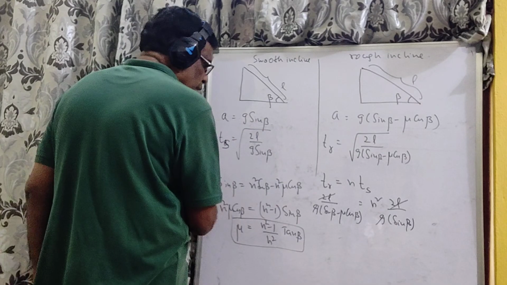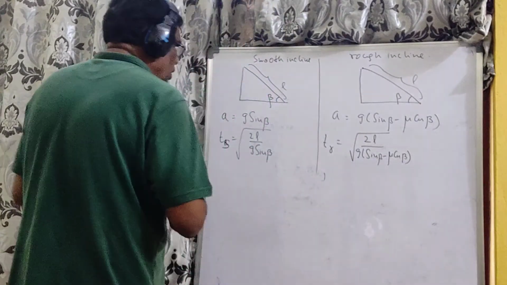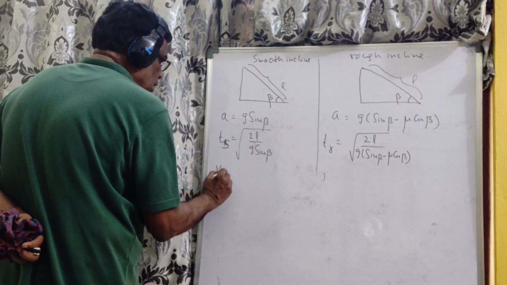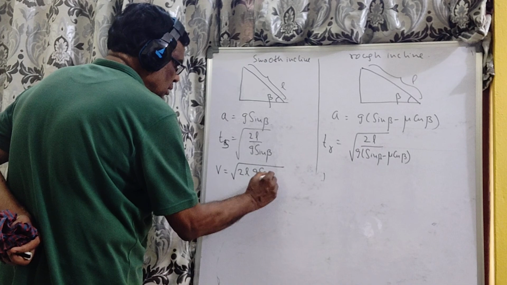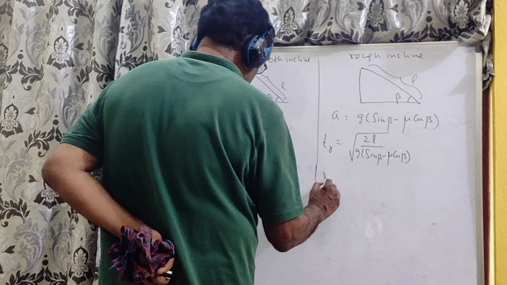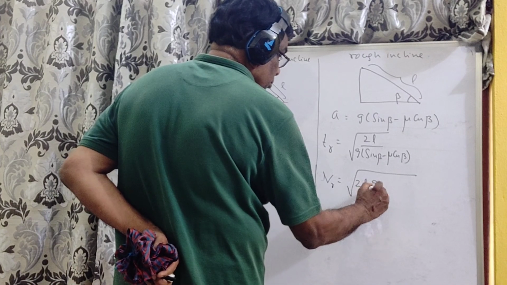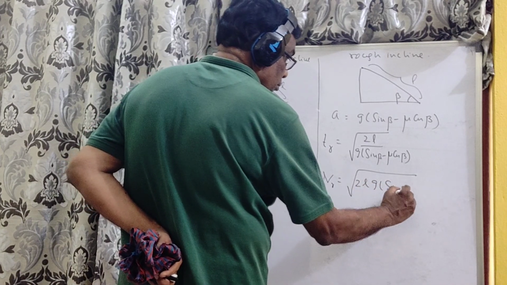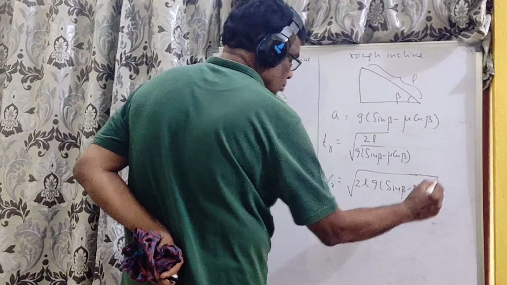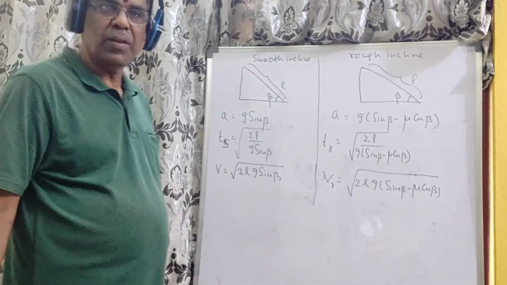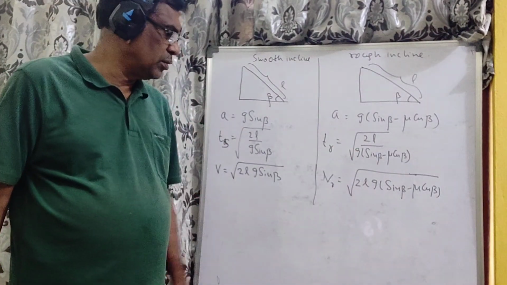In a similar way, you can also find what is the final velocity that you get here? Under root 2 a s. What do you get here? Under root, whichever way.